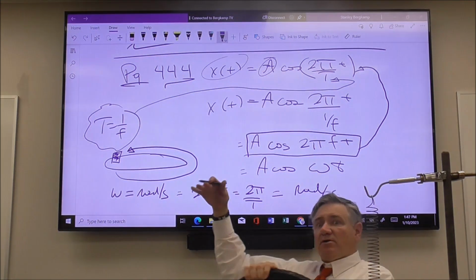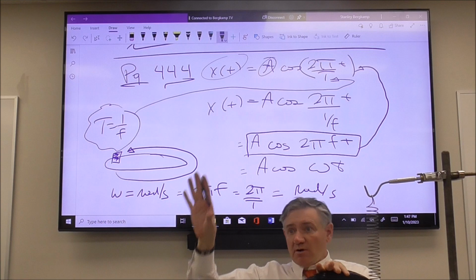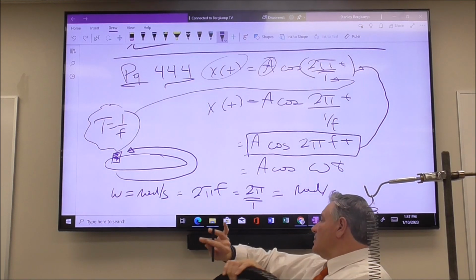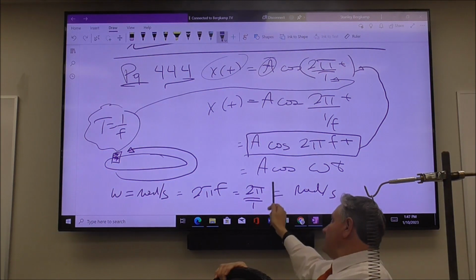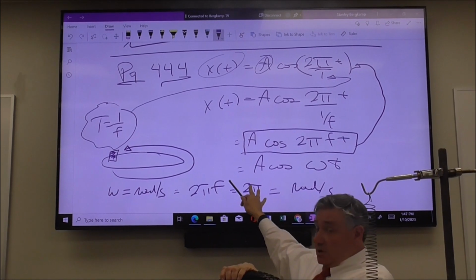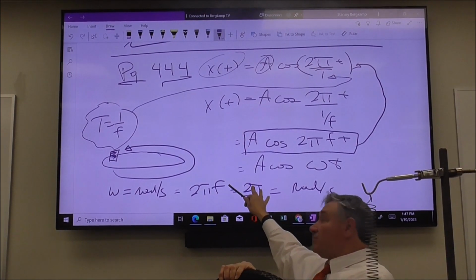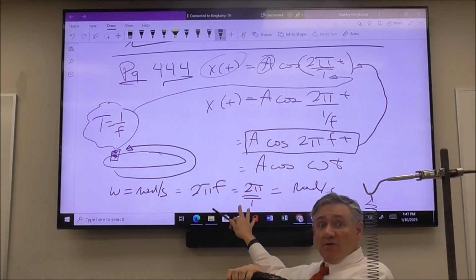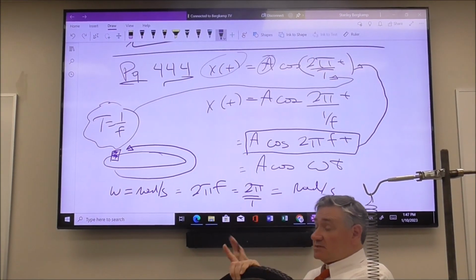Now, this is where this all turns into one big picture. Here I've got 2 pi over t. This is 1 revolution divided by how long it took for it to make that revolution. That's all I did.